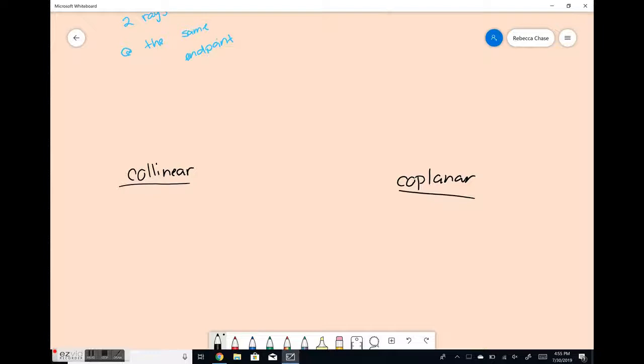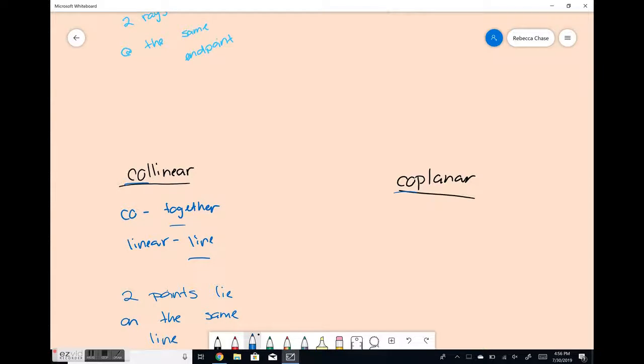So co means together, and linear means line. Collinear is talking about 2 points or multiple points that lie on the same line.